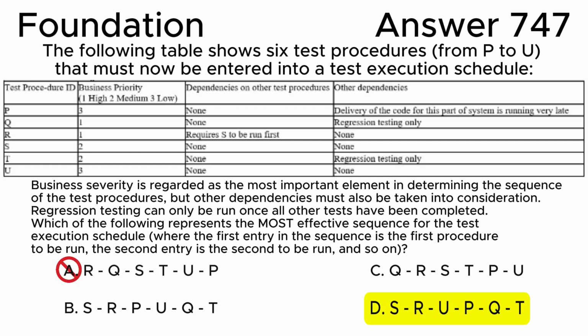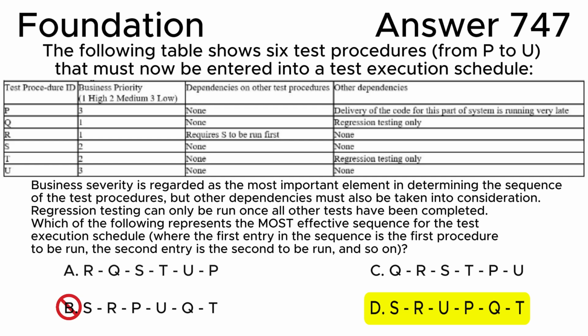Answer A is wrong because test procedure R is dependent on S, and we cannot run R before S. Also, test procedure Q is regression testing and should be run later.